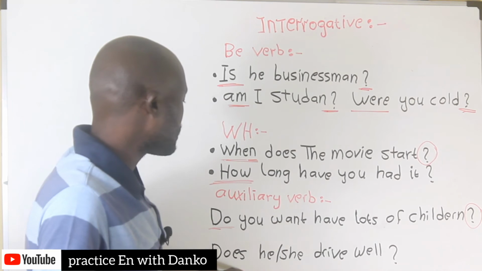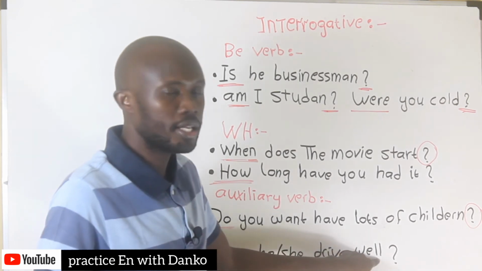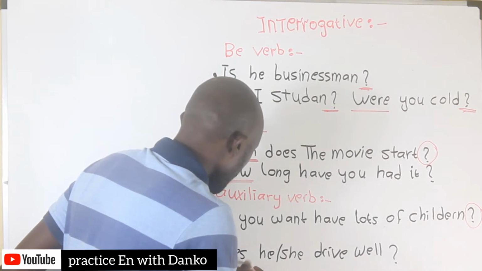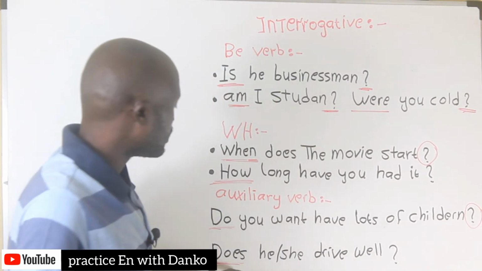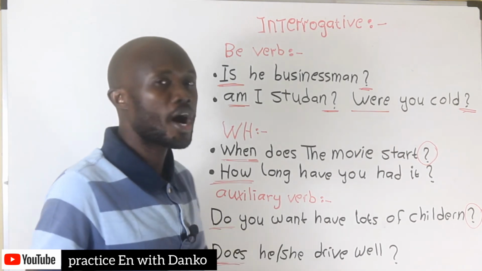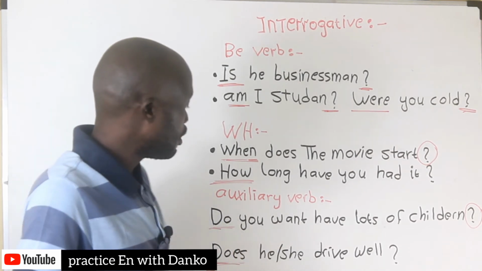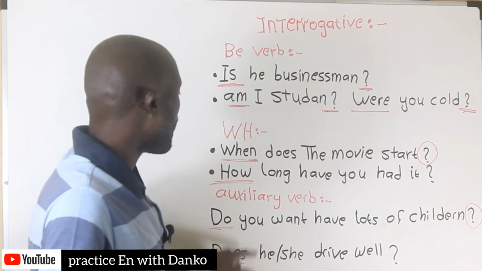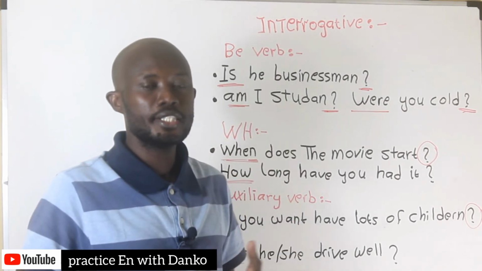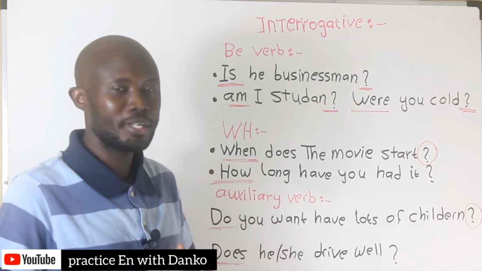Or does she drive well? Because as you know, we use does with she, he, it. Does he drive well, or does she drive well? Here we use the auxiliary verb does in interrogative sentences. It is really so simple.